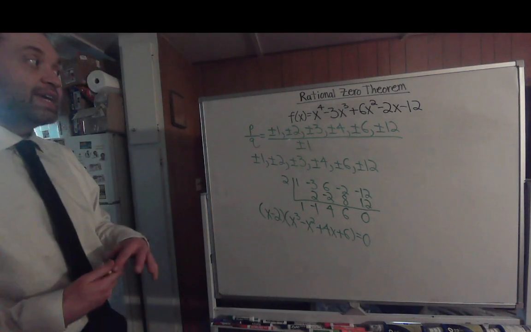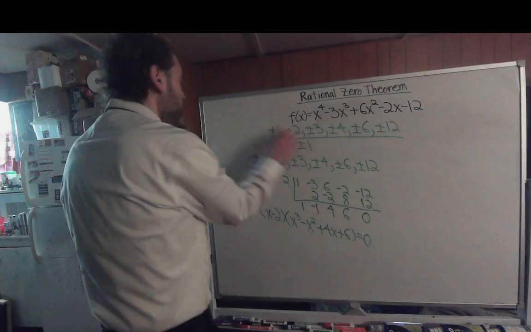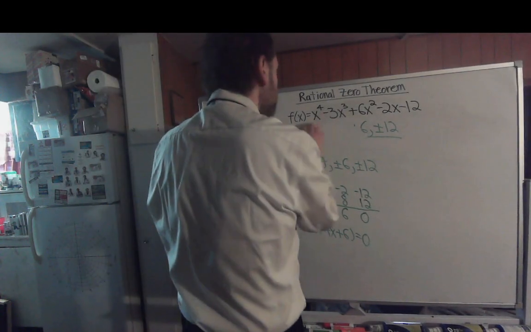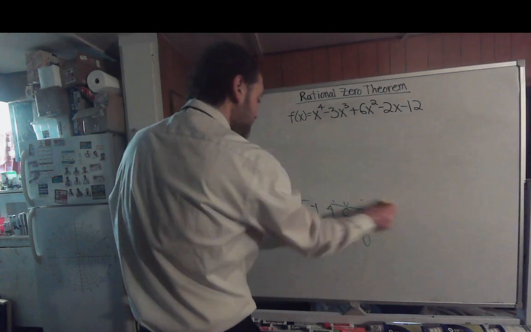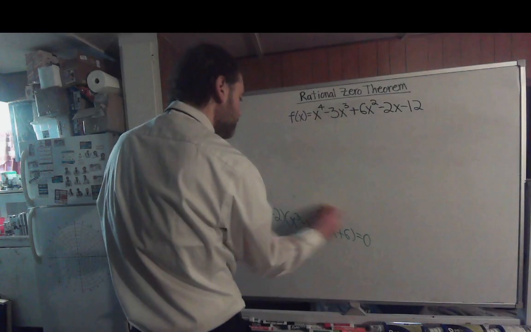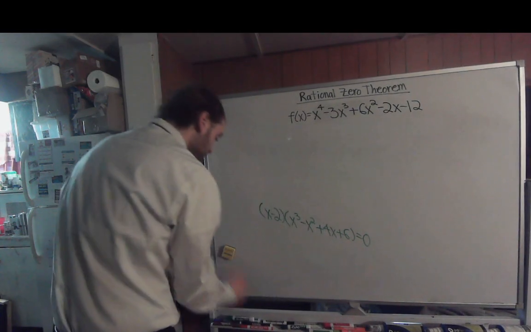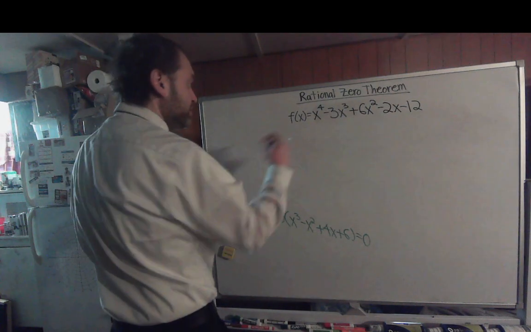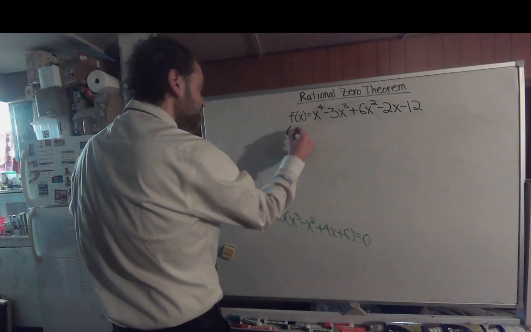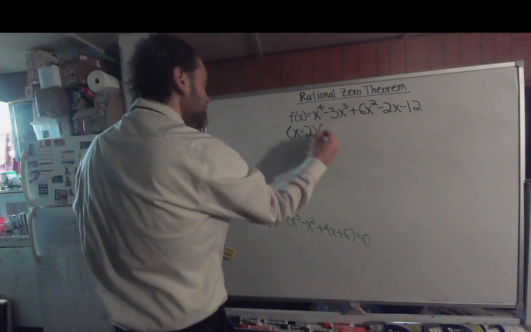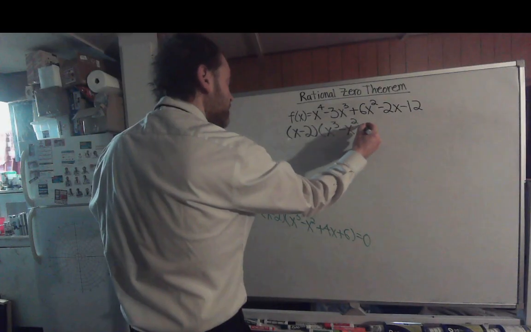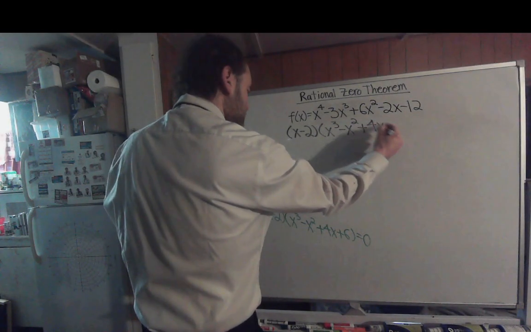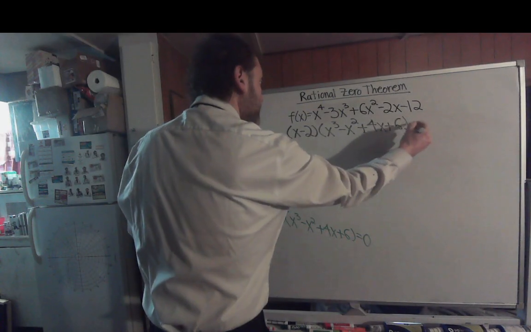That's where this can get a bit tedious. So I'm going to bring all this up here to help us out. Let's now put this up here. So we'll have x minus 2 times the quantity of x to the third minus that x squared plus 4x plus 6, all that equal to 0.